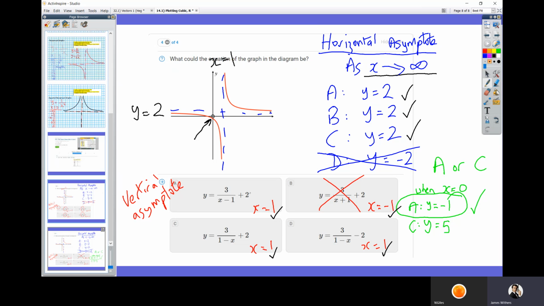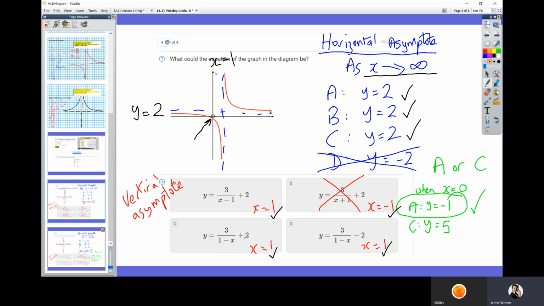However, when you put x equals 0 into option C, you get 1 minus 0 being 1 in the denominator. 3 divided by 1 is 3. 3 add 2 is 5. So when x is 0 in option C, we're getting y equaling 5.